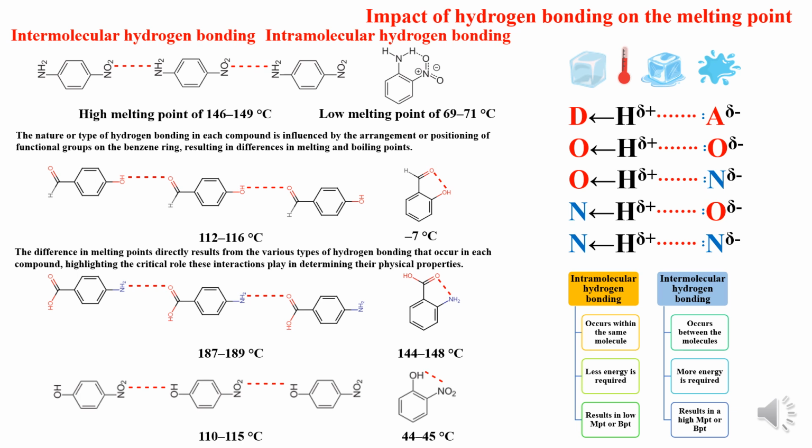While you come across intermolecular hydrogen bonding in case of para-nitroaniline, para-hydroxybenzaldehyde, para-aminobenzoic acid, and para-nitrophenol. So the nature of the type of hydrogen bonding in each compound is influenced by the arrangement or position of the functional groups on the benzene ring, resulting in the difference in the melting points.